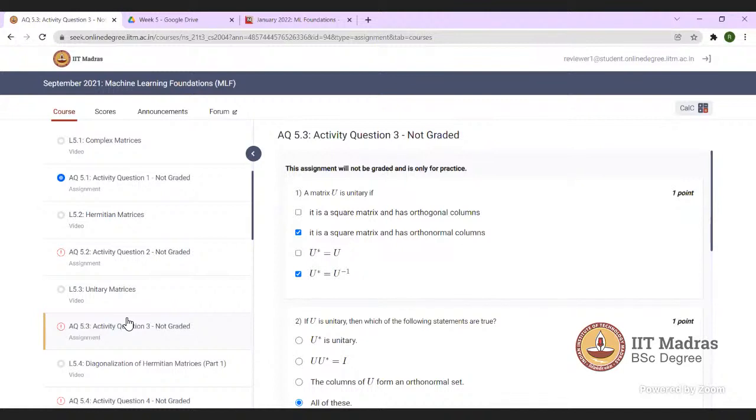And how they are different: when you say two vectors are linearly dependent, let's say we have these two vectors x1 and x2, which are linearly dependent, that gives c1 x1 plus c2 x2 equal to 0 for some values of c1, c2.